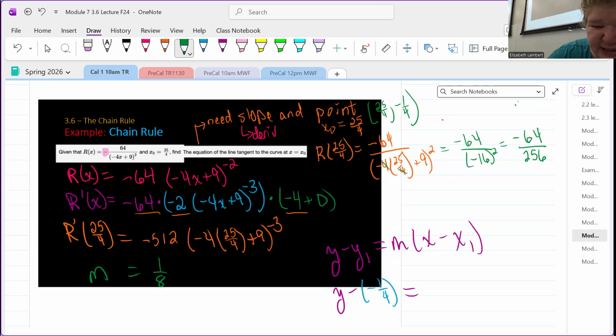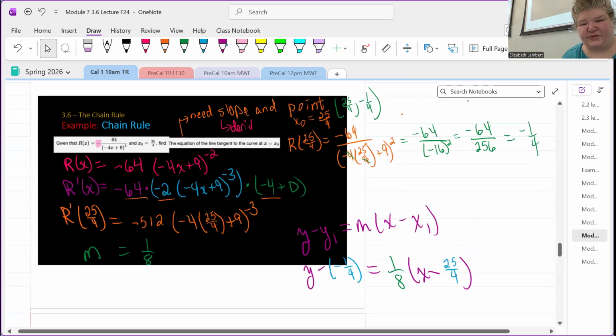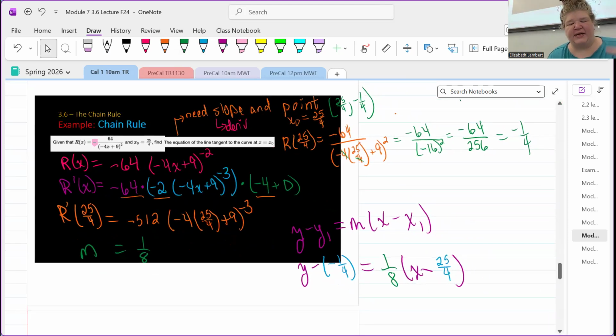Our slope is 1/8. And then our x1 is 25/4. So there is the equation of the line tangent to the curve at the value 25/4.